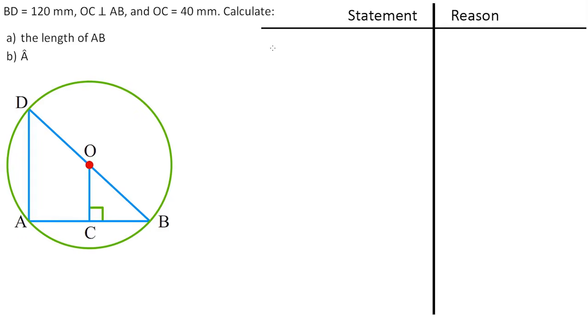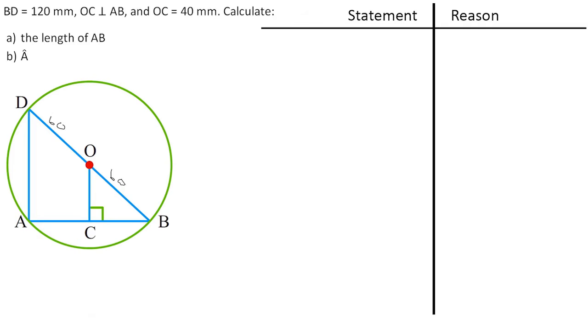In other words, that is your diameter. Which means that OD is the radius, OB is the radius. So if BD in total equals 120, that will be 60 and that will be 60.